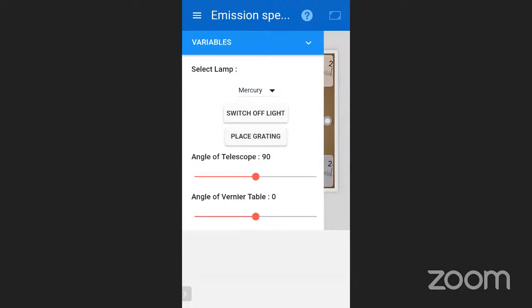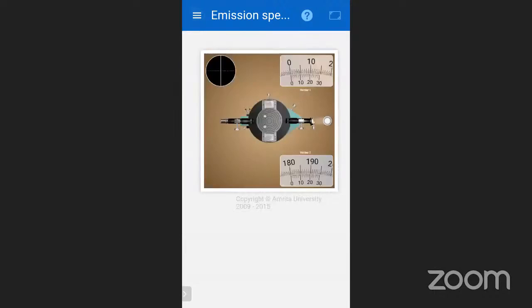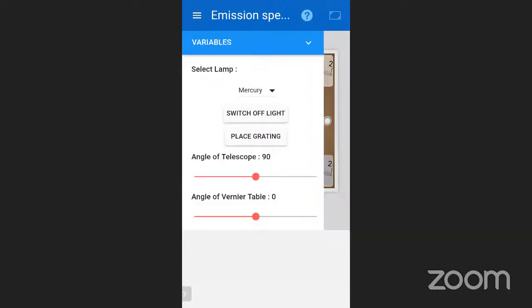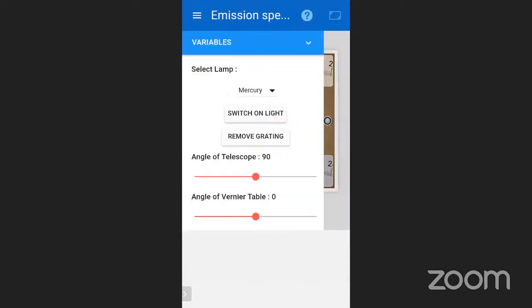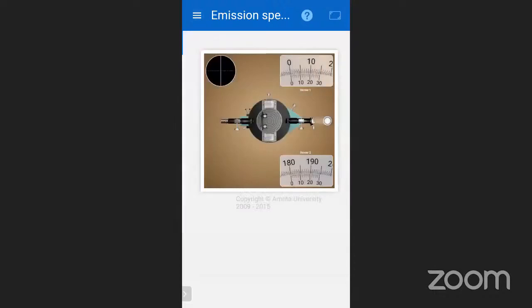To perform the experiment, the angle of the telescope needs to be 90 degrees.